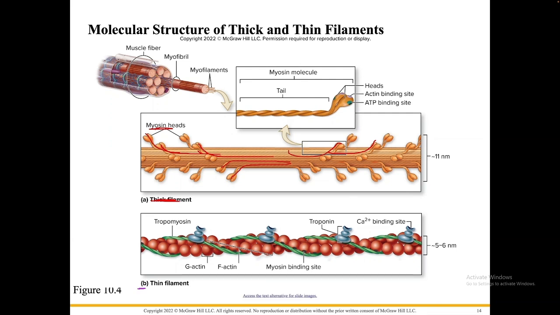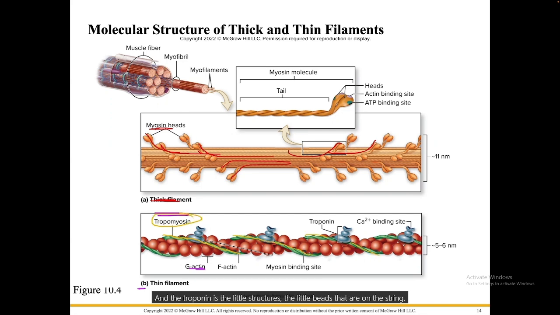The other one, the thin filament, has the actin. The thin also has this other stuff, the troponin and tropomyosin. The tropomyosin is like a string that wraps around it. And the troponin is the little structures, the little beads that are on the string. Troponin, tropomyosin. Both of those are on the thin or actin filaments.